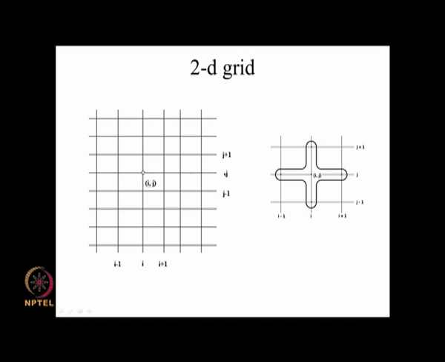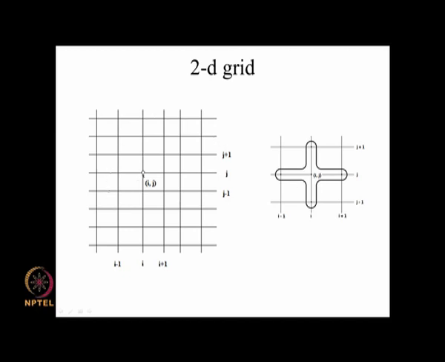This is the coordinate line having yj, yj plus 1 and yj minus 1, and i plus 1 and i minus 1 coming here. You have point ij here, and if you have a formula involving these 4 points, then you have a computational molecule like this.